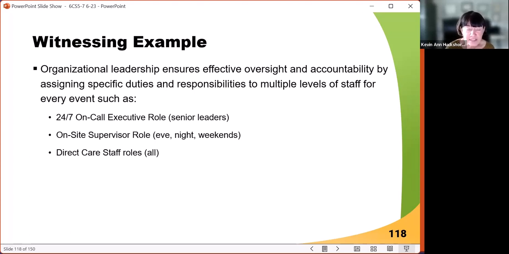So they're the most senior staff in the facility when the executives aren't there. In a residential program, that might be a house manager, or whoever's running the place when the day shift isn't there. So I'm going to call it on-site supervisors for evenings, nights, weekends, and holidays.